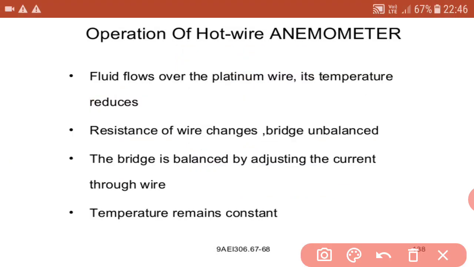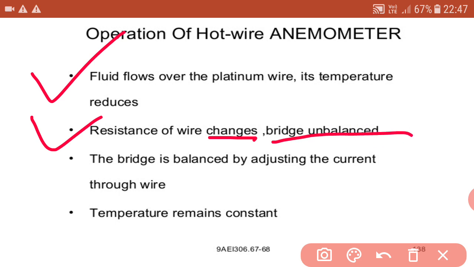Now operation of hot wire anemometer. How does it work? So fluid flows over the platinum wire, its temperature reduces and the resistance of the wire changes. Due to this, the bridge will become unbalanced.